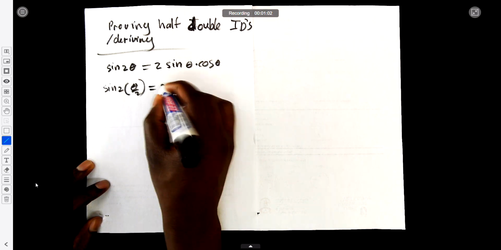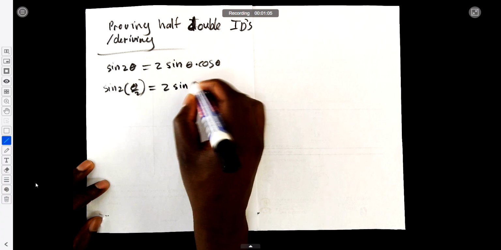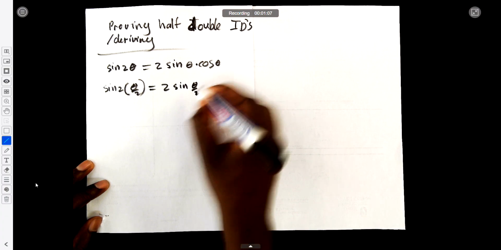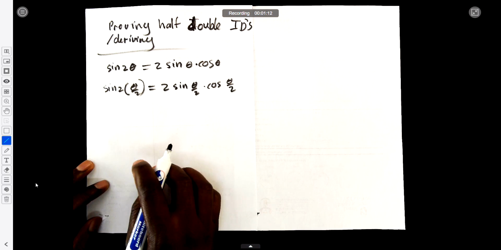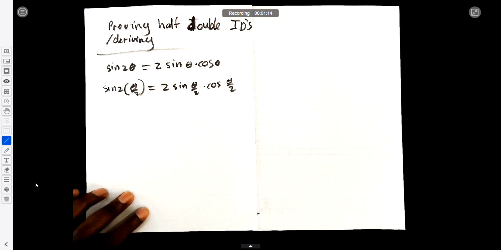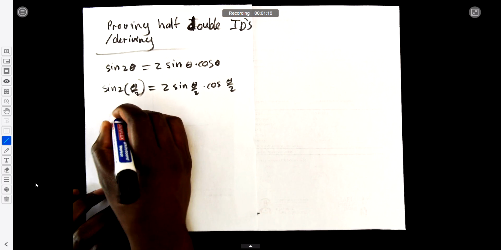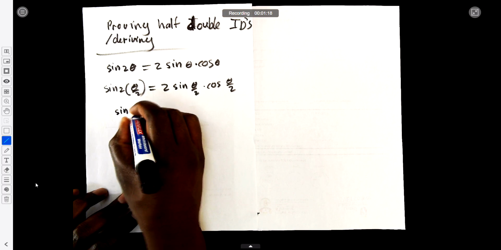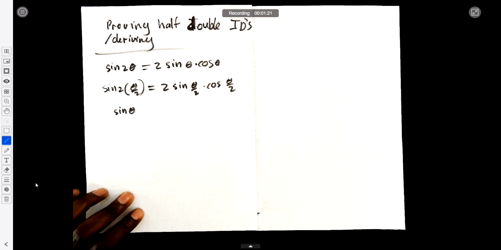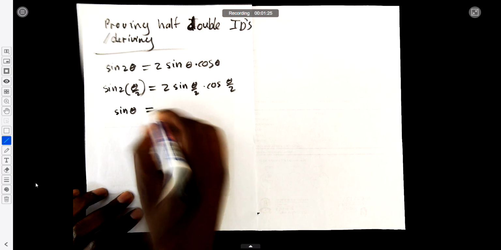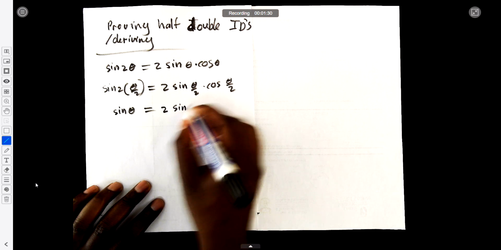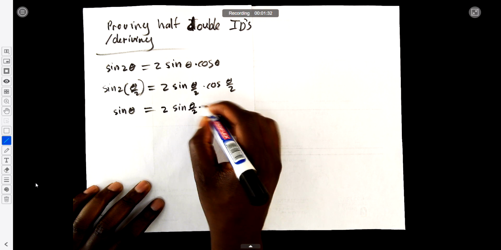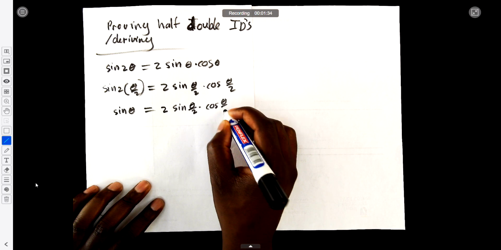On the other side, we do the same thing, because when we substitute theta, we halve theta. So we have sin theta over 2 times cos theta over 2. So in that case, if you simplify, sin theta is equal to 2 sin theta over 2 times cos theta over 2.